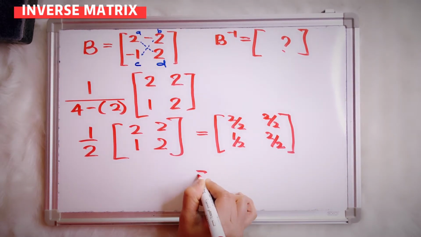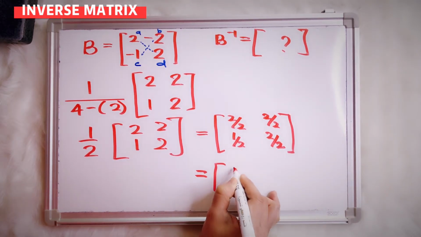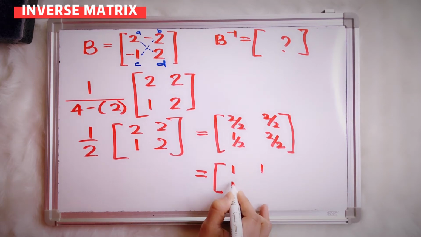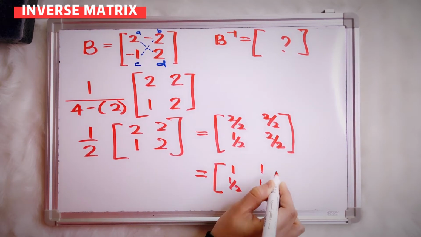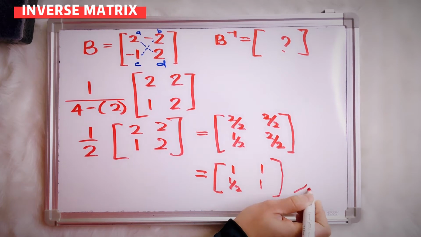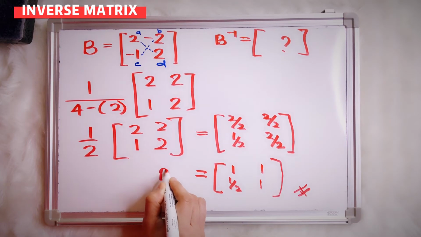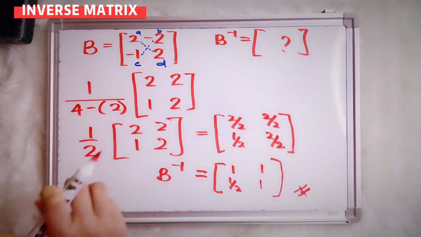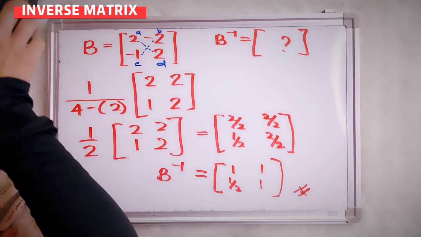So that means your final answer will be 1, 1, half, and 1. Okay, so this is B inverse. Alright, next.